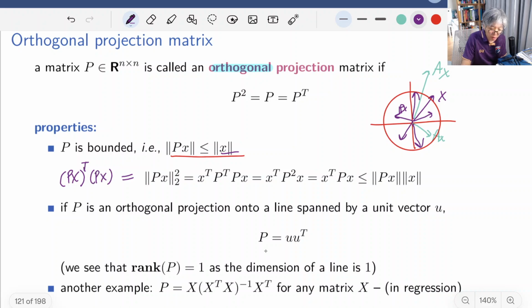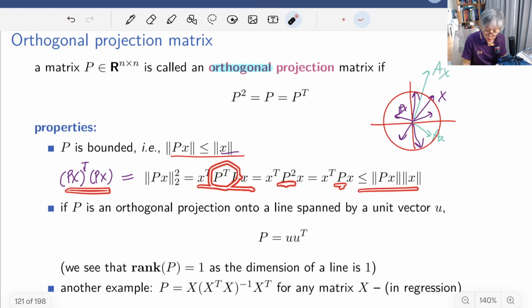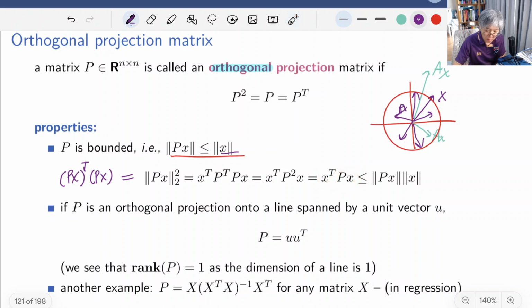When you expand this, it's x transpose P transpose P x, but P transpose P equals P squared, and P squared equals P. From here, we use the Cauchy-Schwarz inequality, which says x transpose y is less than or equal to the norm of x times the norm of y.